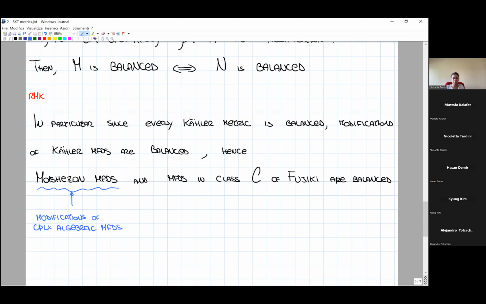So complex algebraic manifolds are always Kähler. Moishezon manifolds in general are not Kähler. The theorem of Moishezon is saying that when they are Kähler, they are algebraic. But in general, Moishezon manifolds admit balanced metrics. And manifolds in class C of Fujiki are, in general, more general than Moishezon manifolds. They are modifications of Kähler manifolds.